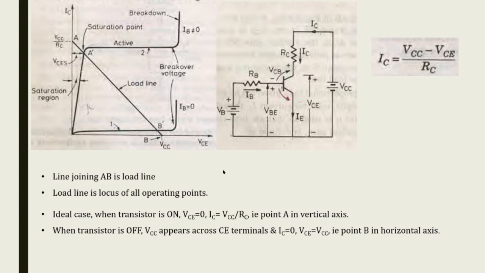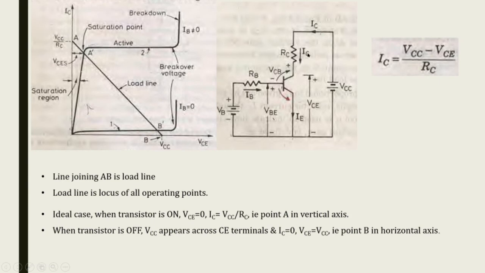The second case is when the transistor is off. In the ideal case, the complete VCC will be across the collector terminal. Normally in the off state, the input current is 0. As for the collector current, there will be a small leakage current, but in the ideal case this leakage current will be 0.